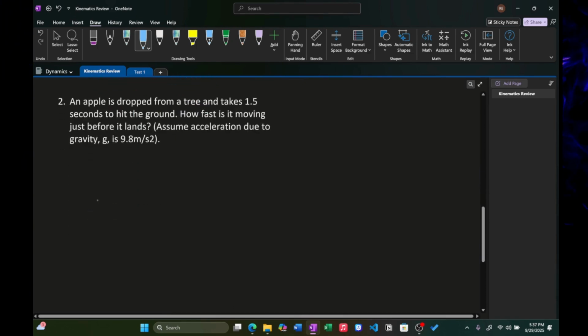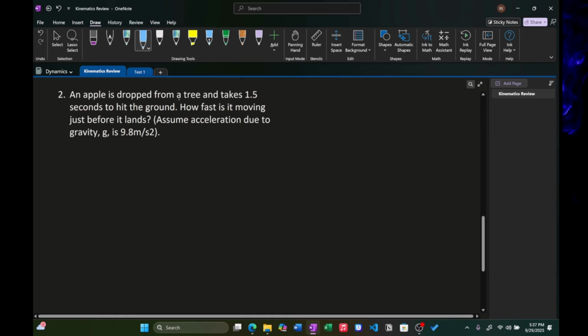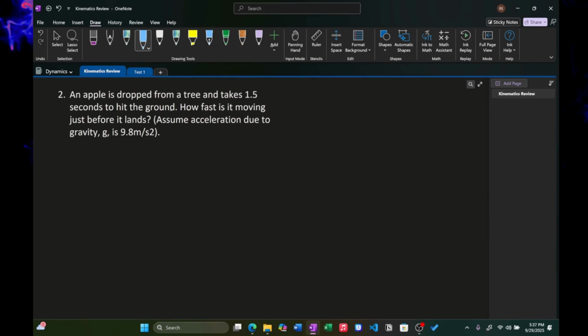Moving on to our second problem: an apple is dropped from a tree and takes 1.5 seconds to hit the ground. How fast is it moving just before it lands? Assume acceleration due to gravity, g, is 9.8 meters a second squared.